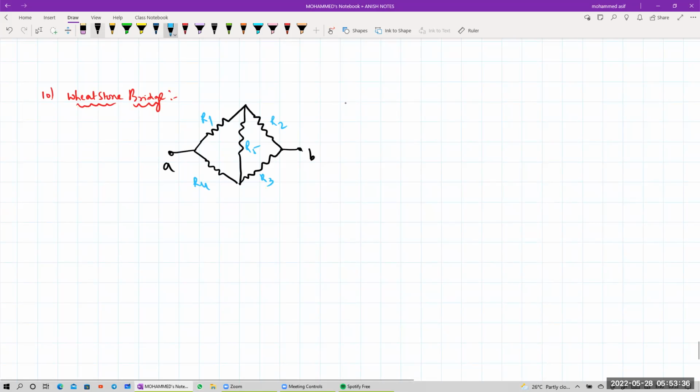Okay, the condition is that if R1 R3 is equal to your R2 R4, it is a balanced Wheatstone bridge. That means R1 by R2 is equal to your R4 by your R3. Right? Yes, sir.